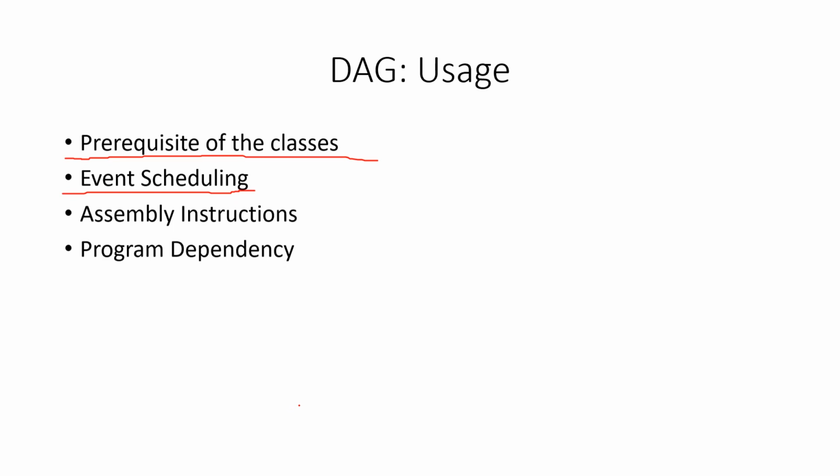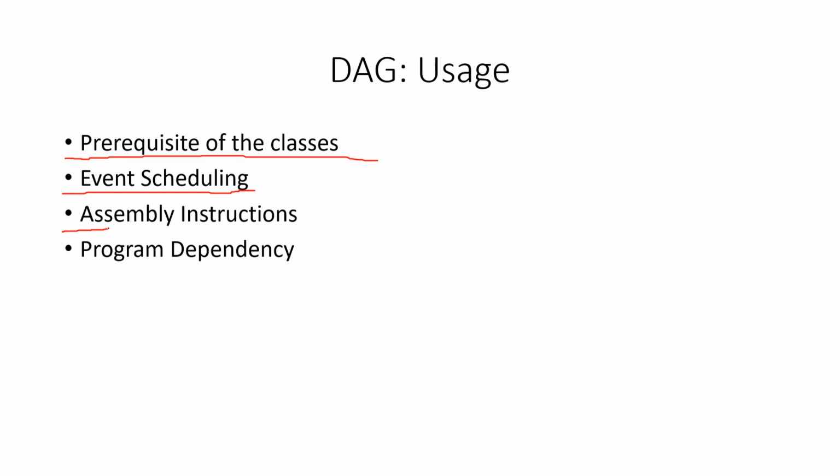And usually the Kosaraju should be before the wedding itself. There is no other way. There are many other events that need to be scheduled, and in order to represent those events, the directed acyclic graph can be used.